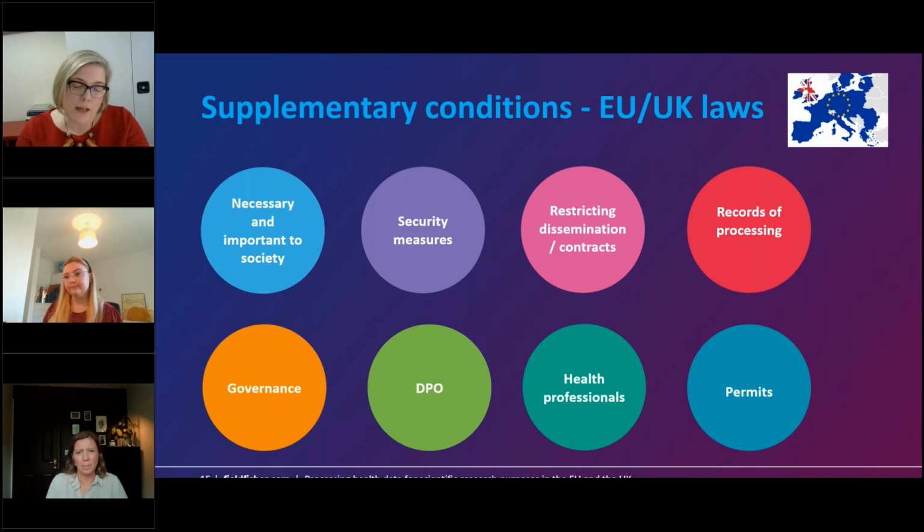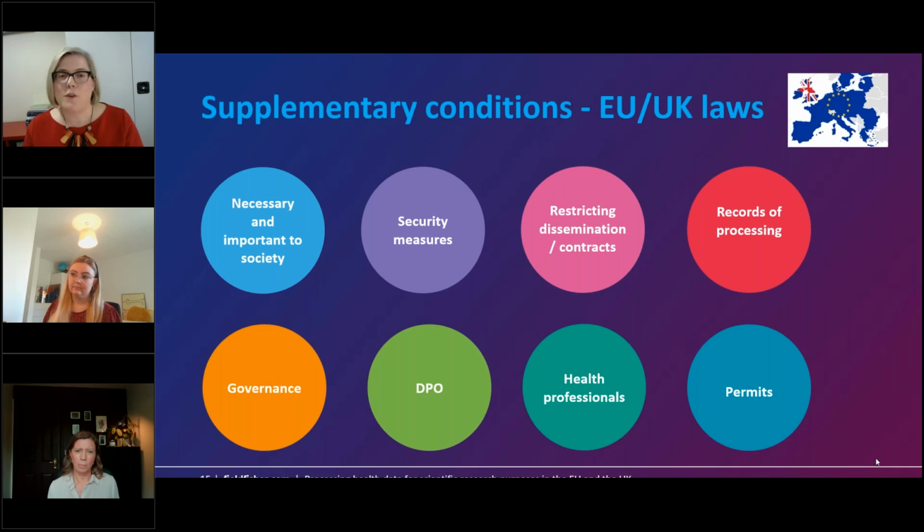So having looked at these additional conditions, my conclusion is that if you wish to carry out scientific research activities and you do not wish to rely on the individual's consent, you'll have to ensure that you meet the GDPR requirements plus these local law additional applicable conditions. So I'll stop here.